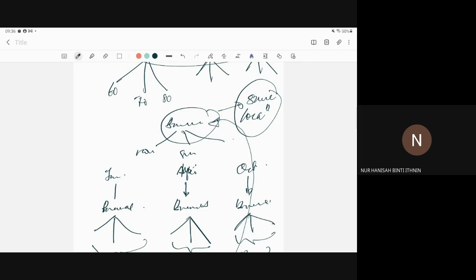But in most cases, because we are not doing a survey, we want to know what happens to this particular banana, then location is not in our interest. Location is not in our interest. So it is enough to do from one location.